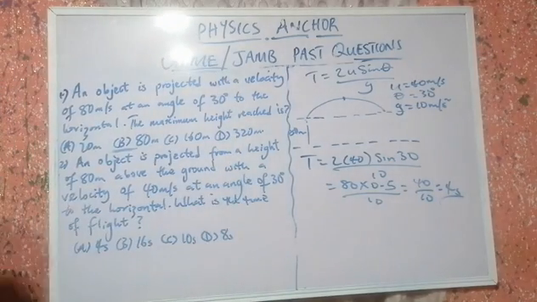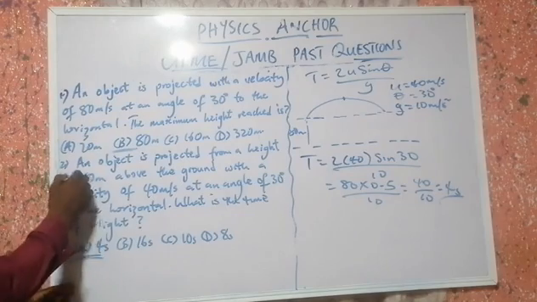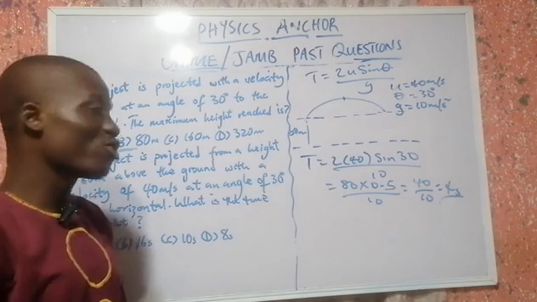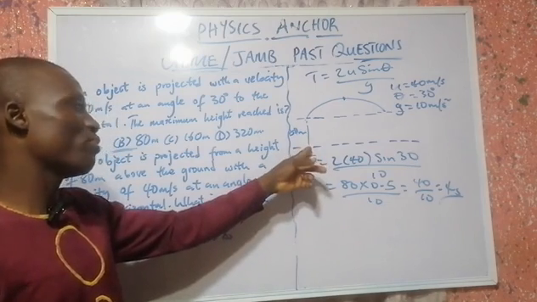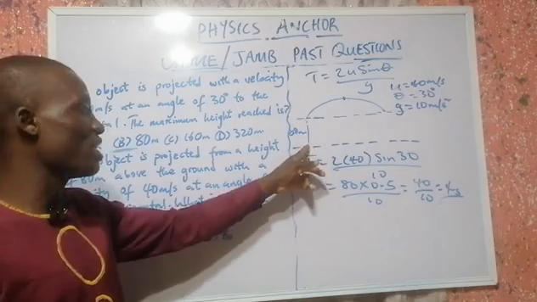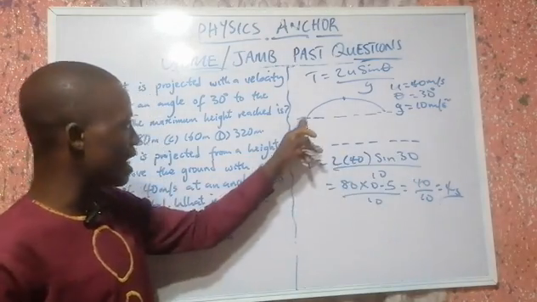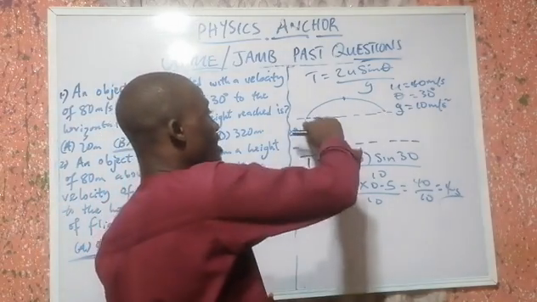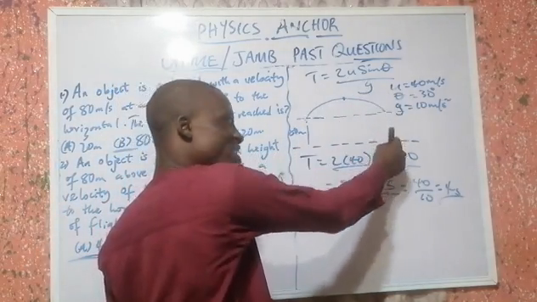So let's go to our options. The correct option is 4 seconds. This is just a description to show you that the projection was not done on the ground, but at this particular height. There are some questions that will require the time it takes the projectile to reach the ground.